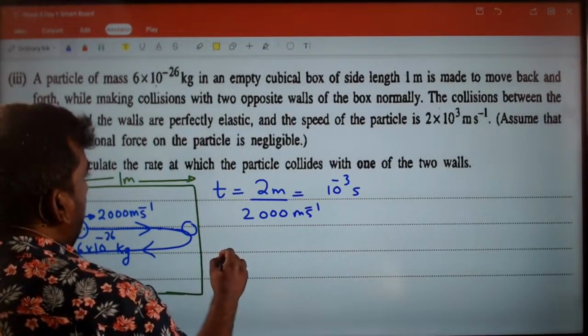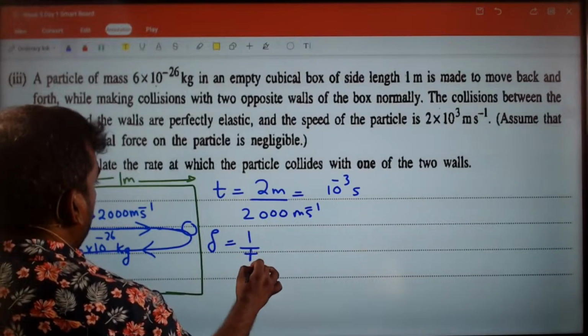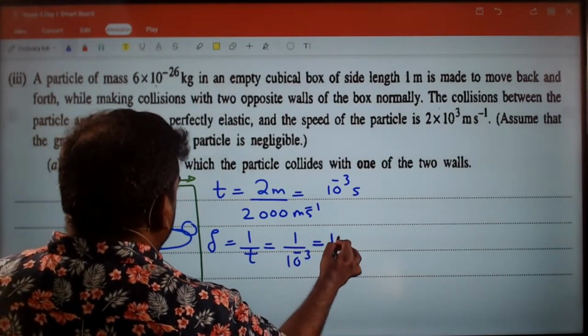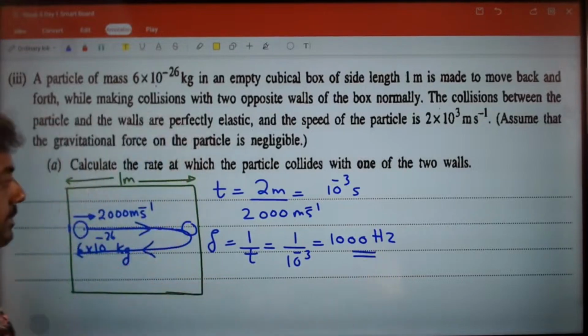The rate at which the particle collides is actually frequency, 1 over t. 1 over 10^-3 is 1000. 1000 hertz. Rate at which collision takes place is 1000 hertz.